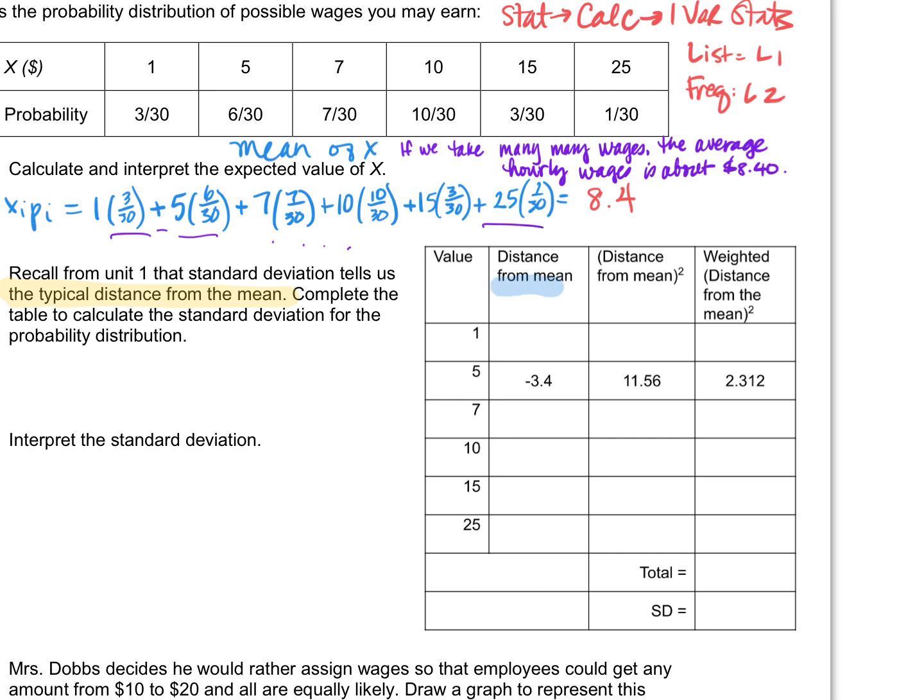Distance from the mean. So you have to take each value. So this is 1 minus 8.4, which means it's negative 7.4. 7 minus 8.4, which makes it negative 1.4. 1.6, and so on and so forth.